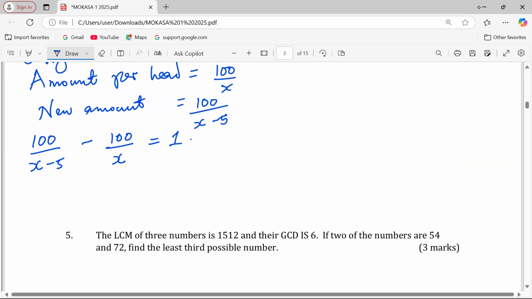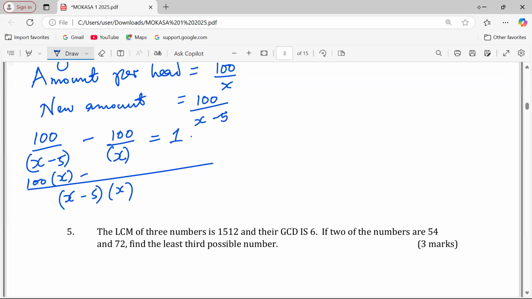That is an equation which we are supposed to deal with. Allow me to use LCM, whereby the LCM is X minus 5 into X. So that LCM divided by the first denominator, we will have X minus 5 cancelling, so that 1000 multiplies by X, then minus LCM divided by the denominator here, we will have X cancelling, so that 1000 multiplied by X minus 5. This is equivalent to 1 multiplied by X squared minus 5X.